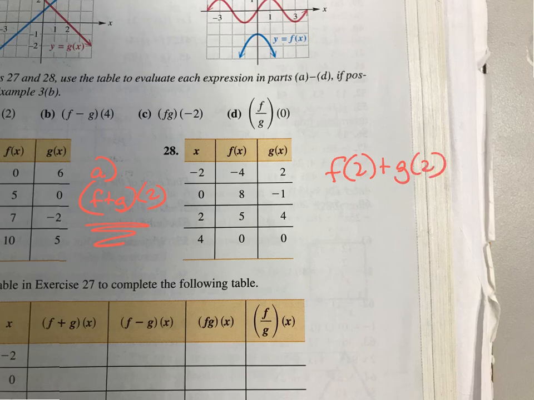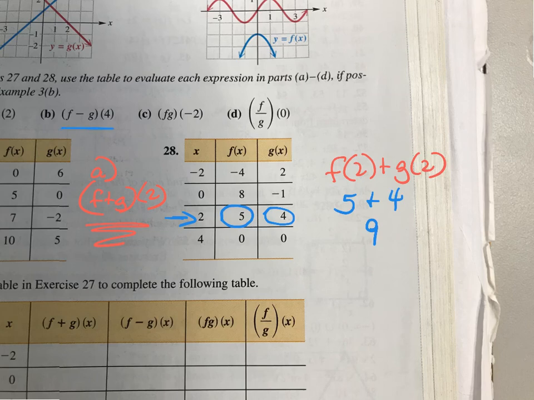So you're going to come over here to your table where x equals 2. The answer for f of 2 is 5. The answer for g of 2 is 4. You add them, and the answer is 9.